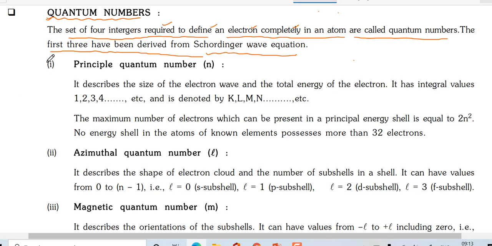Now, principal quantum number. The symbol is small n. It describes the size of the electron wave and the total energy of the electron.